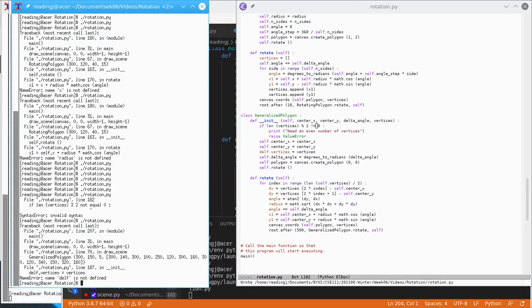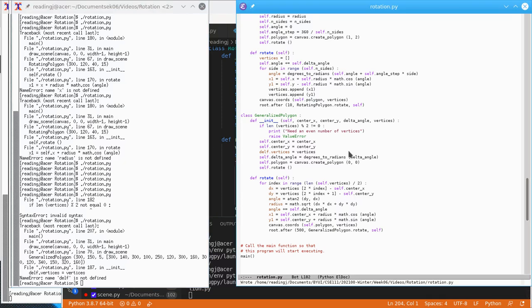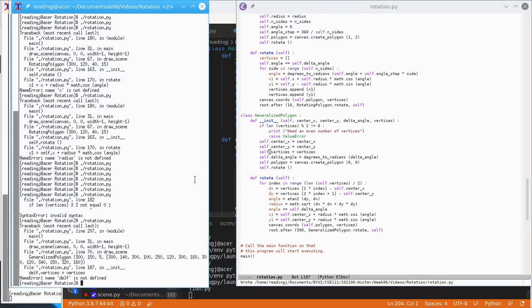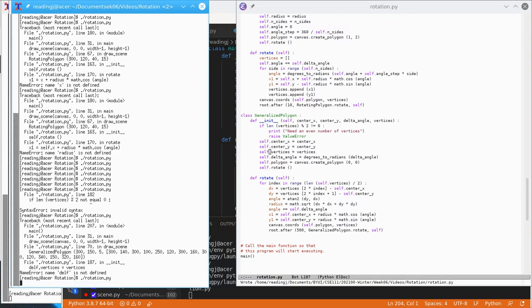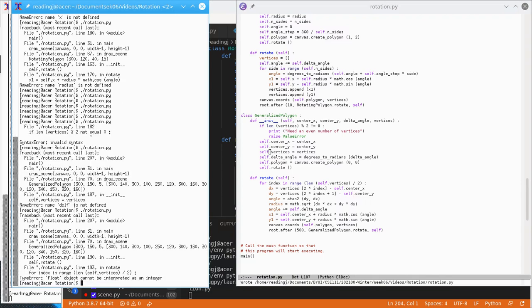Self is not defined. Interesting. See, and that's why I should. Well, self is hard to complete because it's so short. Let's see what happens now. Float object cannot be interpreted as an integer.